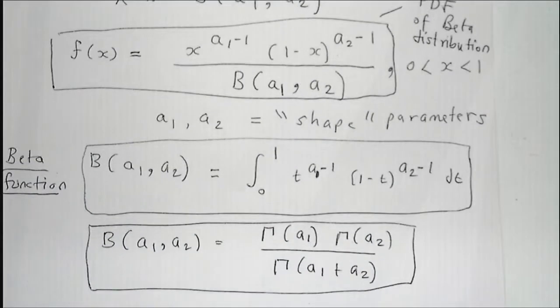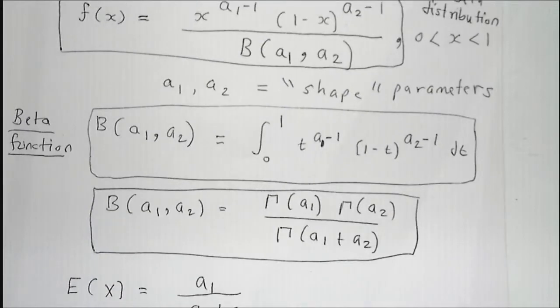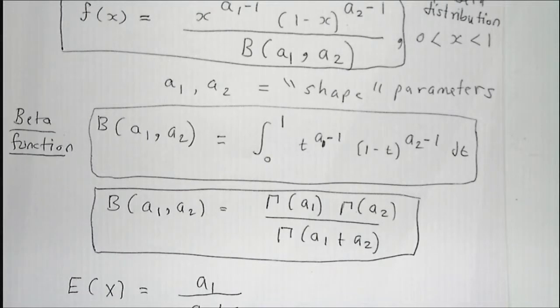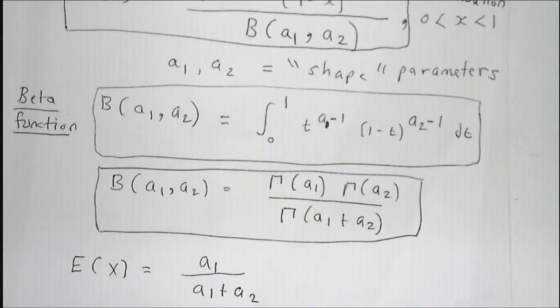Right. Now, the expected value of a beta random variable is this, and the variance of a beta random variable is this, all right?